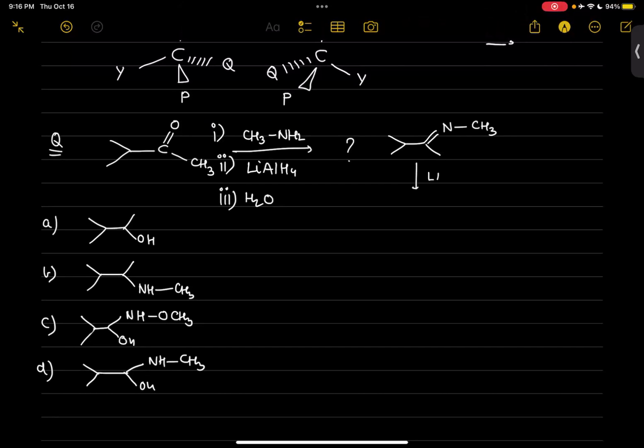And after LAH, you have this as the product. It will get reduced. The hydrolysis is just to remove that Li plus. Clear or not? Yes, sir.